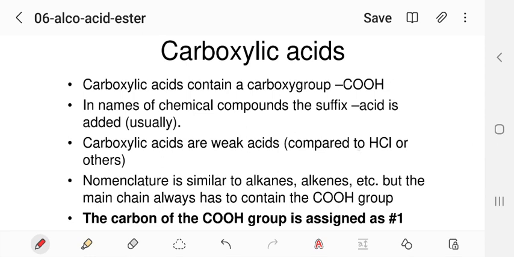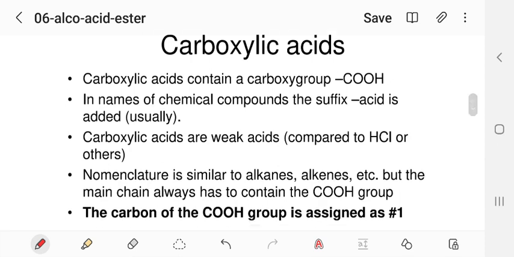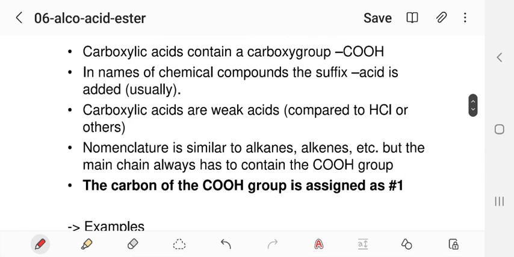As we said, they contain the carboxylic group, and normally the suffix which is added is acid, and we also add the oic. So for example, methanoic, ethanoic, propanoic, and so on, and they are all weak acids.